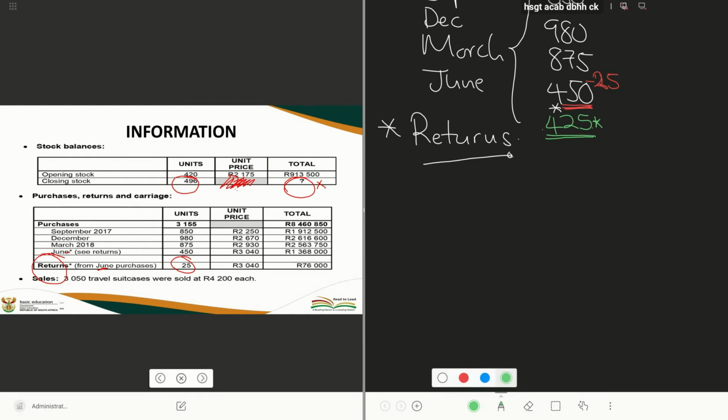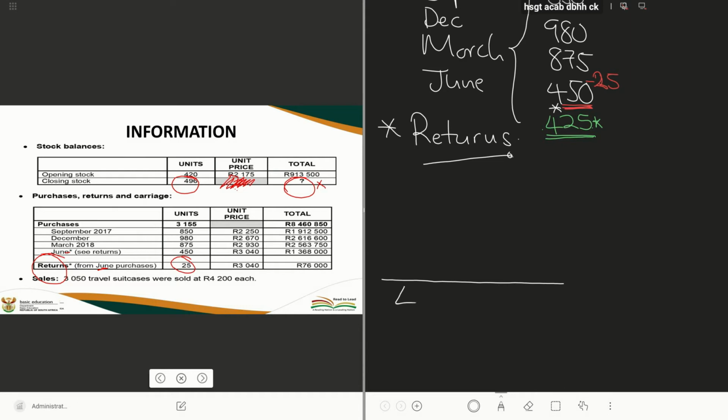Now, very simple. If we made all these purchases, and some units were returned, how many units do we have? 496. I want to teach you: draw a line, then you come to the bottom and say, how many units do you have at the end?